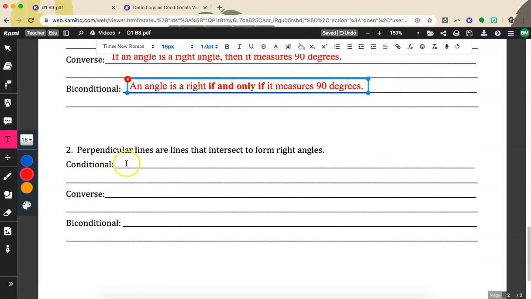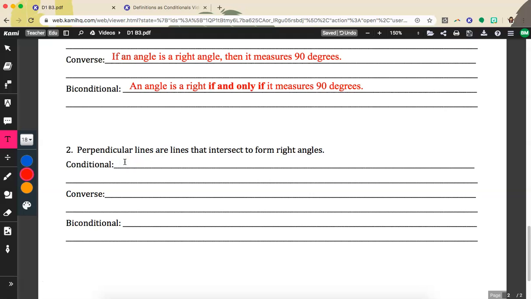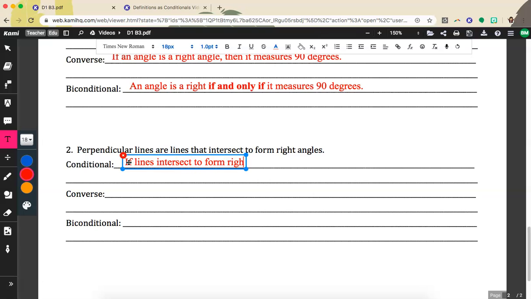And then we'll do one more together here. So number 2, perpendicular lines are lines that intersect to form right angles. So our conditional, if lines intersect to form right angles, then they are perpendicular. Our converse is going the other way.